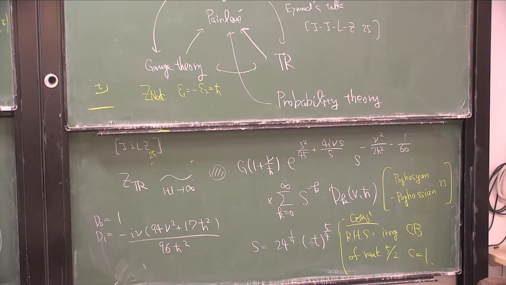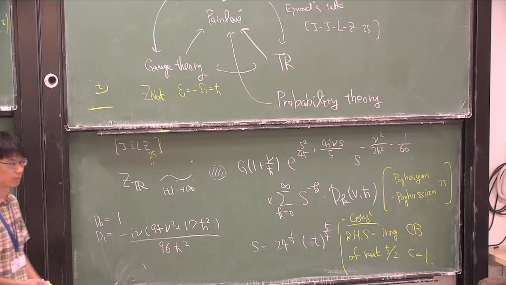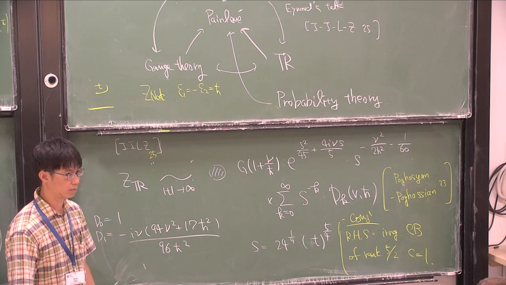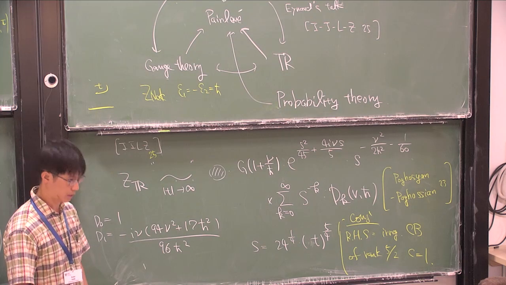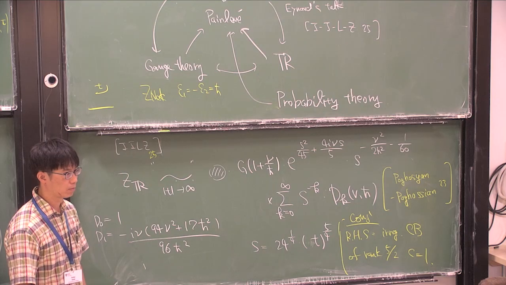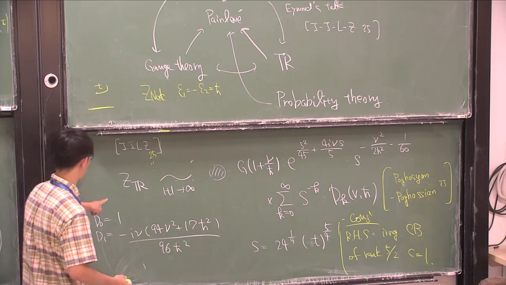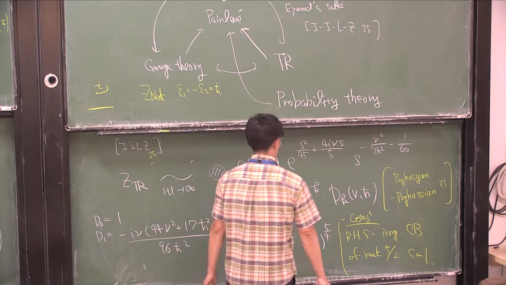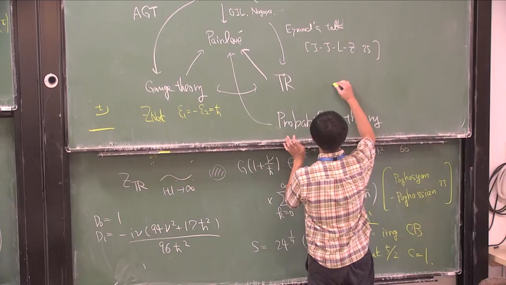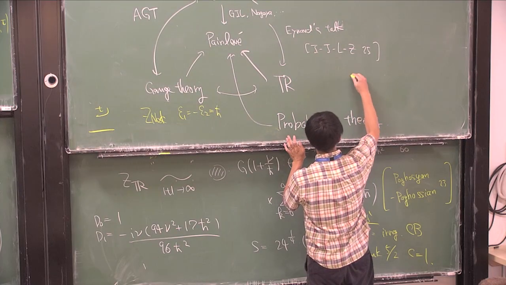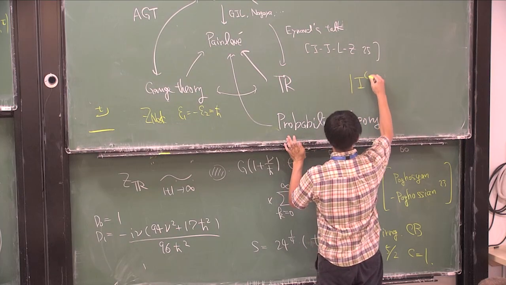Sorry, usually conformal blocks are expansions in powers of the position T. And now why is this one an expansion in T to some fractional power? Actually, in this case, I don't write down the definition of the conformal block, but it is something like this.